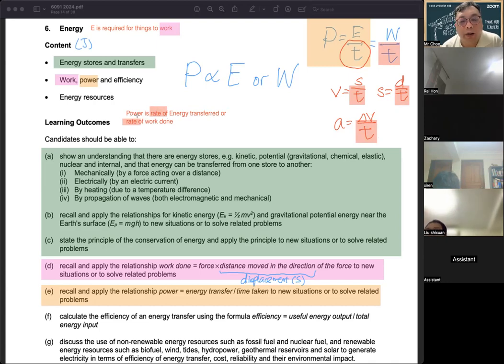Okay, so power, can you see here? Power is the energy transfer divided by time. It is also the same as work done over time. So if you want to define the meaning of power, you just say that power is the rate of energy transferred, or power is the rate of work done. Are you all clear about this?